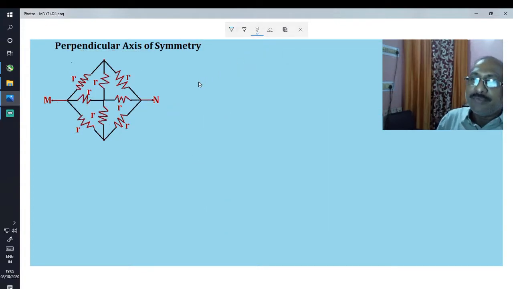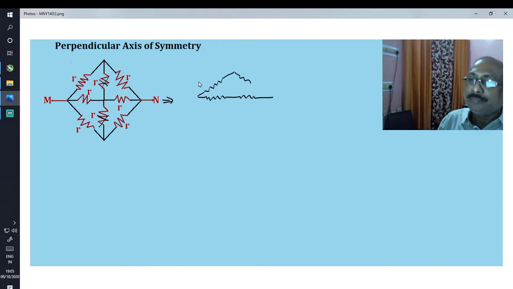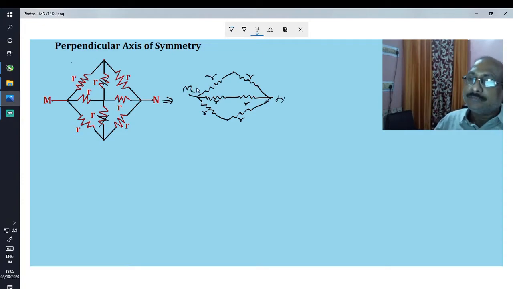Now if we remove these two resistances, then it will be converted here.